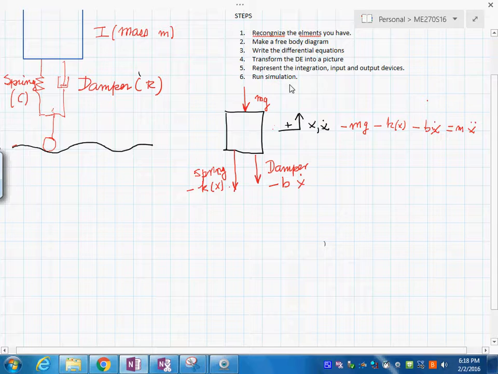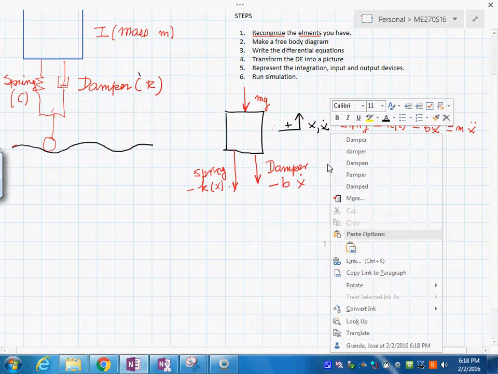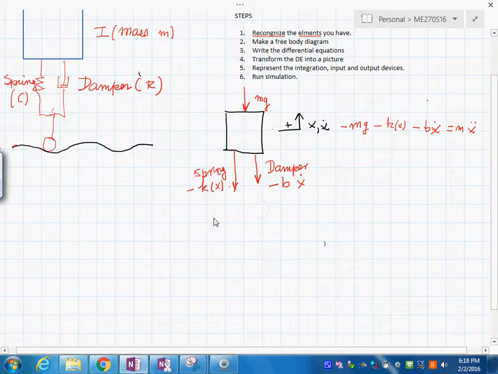So now that we have the sum, we transform this into a Simulink block diagram where you have the summation of this.